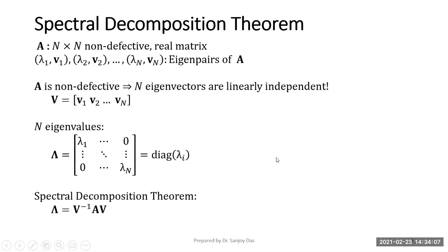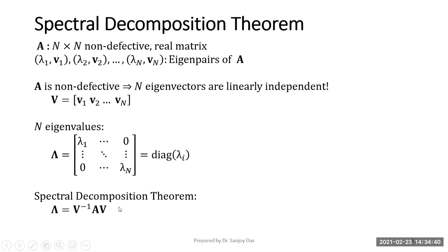The spectral decomposition theorem states that this lambda is equal to V inverse AV. A is the original matrix, V is the matrix formed by the eigenvectors of A, and lambda is the diagonal matrix formed by taking the eigenvalues of A as the diagonal elements.